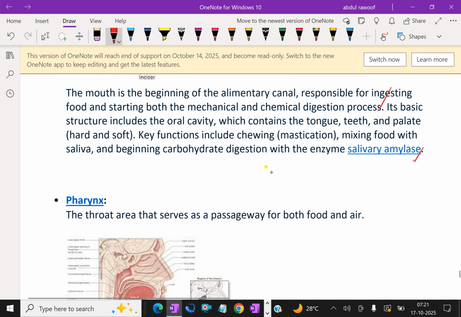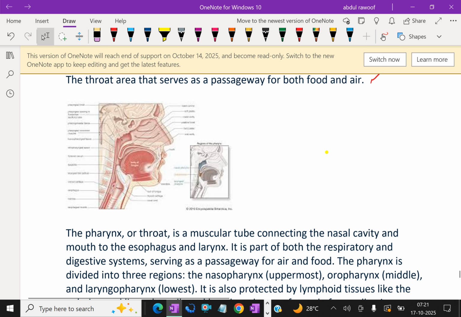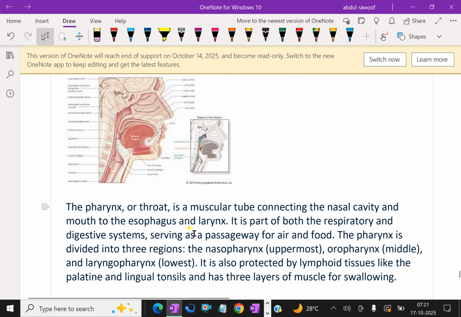Next is the pharynx. The throat area that serves as a passageway for both food and air. The pharynx or throat is a muscular tube connecting the nasal cavity and mouth to the esophagus and larynx. It is part of both the respiratory and digestive system, serving as a passageway for air and food.